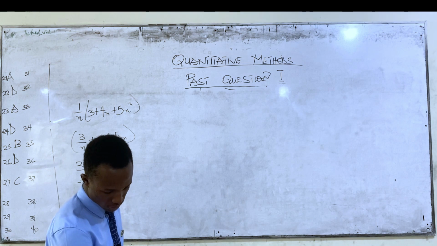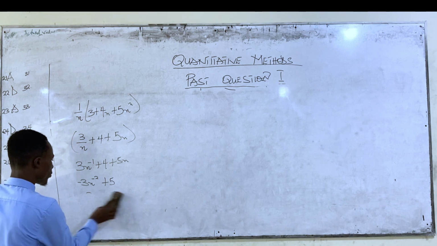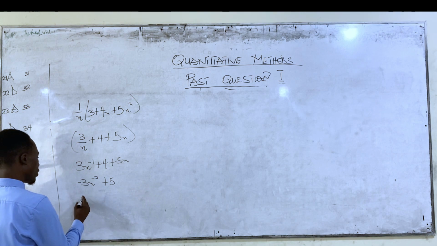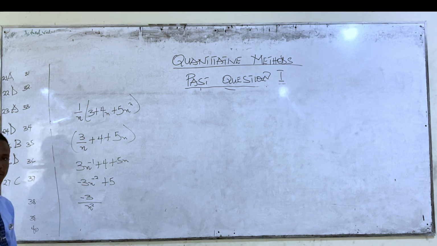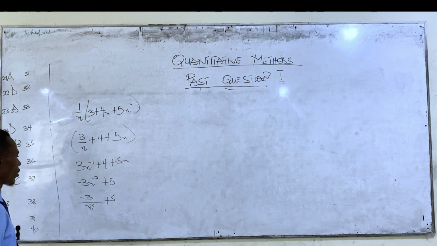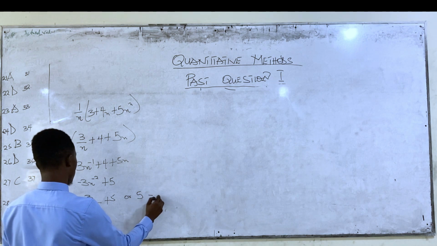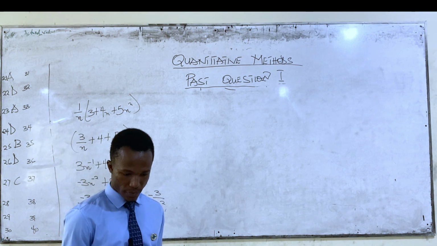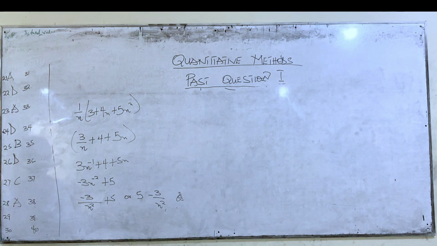Oh, I've forgotten. There is a mistake here. You see, this is negative 3x exponent negative 2. So when you rewrite it, it is negative 3 divided by x squared, not negative 3x. Yes, that is where I think the confusion was coming from. Then plus 5. Yes, that is it. So you have rearranged it, or you can say 5 minus 3 on x squared. That is it. So that is option A. So question 28, we say option A.